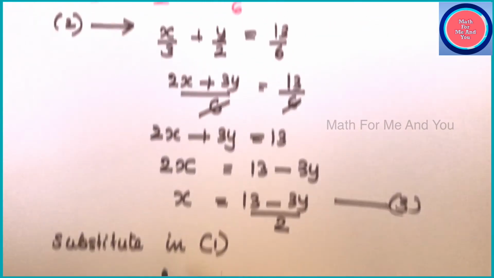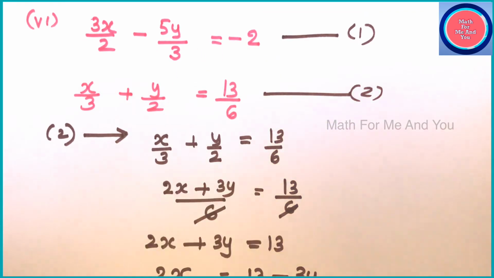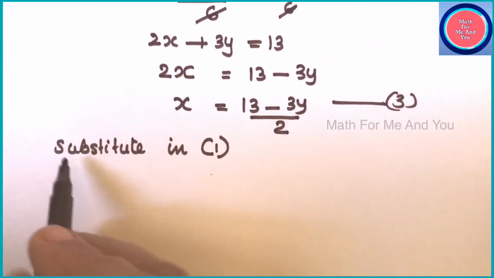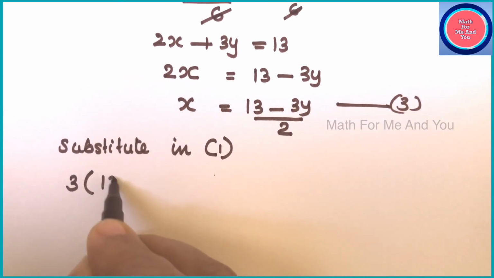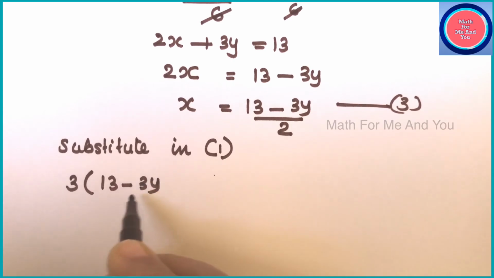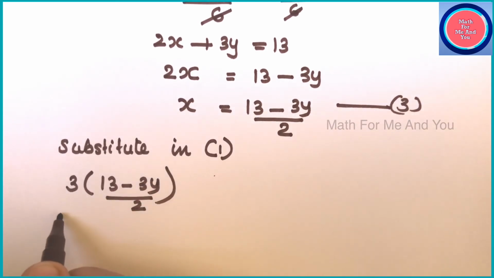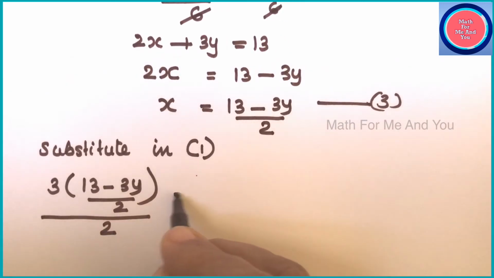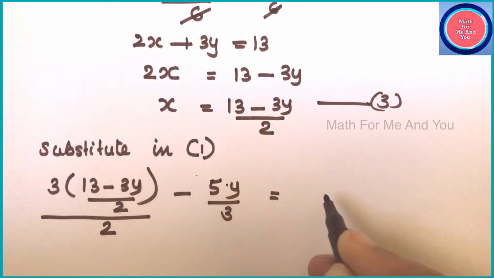Equation number 1 is 3x over 2 minus 5y over 3 equals minus 2. So we are putting the value of x in this equation. 3x over 2, that means 3 times x, which we write as 13 minus 3y over 2, then over 2 because this term is 3x over 2, minus 5y over 3 is equal to minus 2.